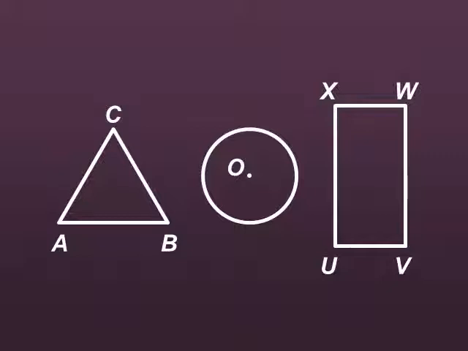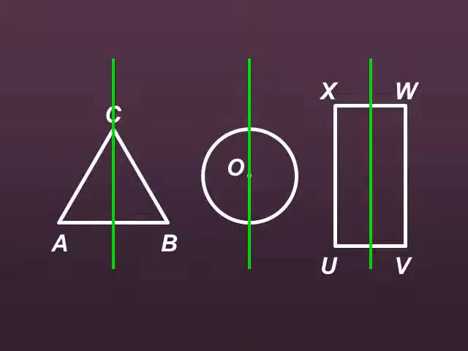Now, I could still draw several lines, but really it's just one line that makes it a reflection. Now, if I look at the circle, it has infinitely many diameters. So I could put that line anywhere. And the rectangle, it does reflect about this line, but let's talk about it a different way.